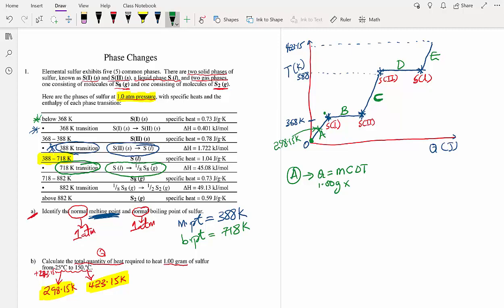The specific heat capacity for sulfur in stage A is given as 0.73 joules per gram per Kelvin. And the change in temperature is from 298.15 to 368, final minus initial.